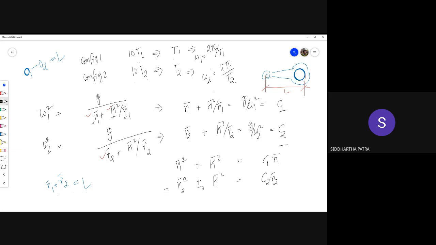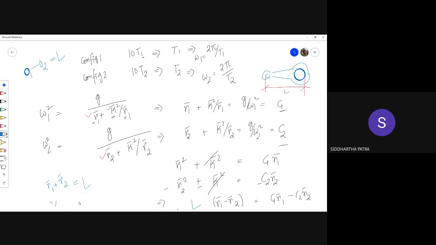Now we will subtract each of these expressions. So these two will cancel out. So here I have R1 bar plus R2 bar, R1 bar minus R2 bar equals C1 R1 bar minus C2 R2 bar. C1 and C2 would be different. But then we can use a third equation to write this R1 bar plus R2 bar as L, and that would be a linear equation in R1 bar and R2 bar.